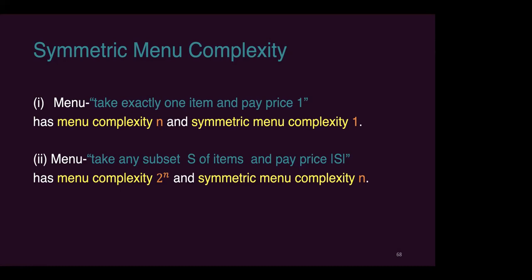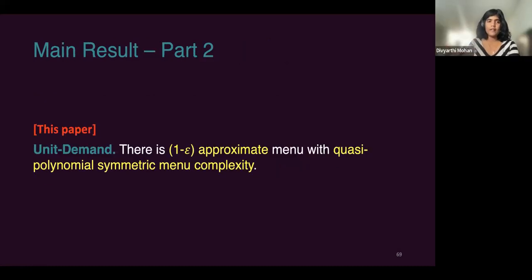The second part of our main result studies the trade-offs of simplicity and optimality for this notion of symmetric menu complexity, and we show that the same almost optimal mechanism that we saw in the first part has only quasi-polynomial symmetric menu complexity in the unit demand setting for any product distributions. So you can get almost optimal revenue from a menu with almost polynomial symmetric menu complexity.